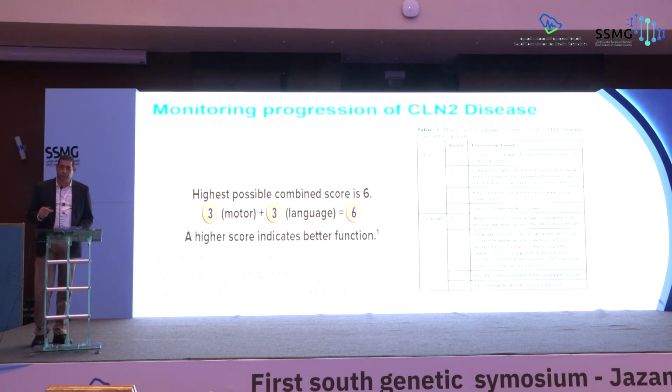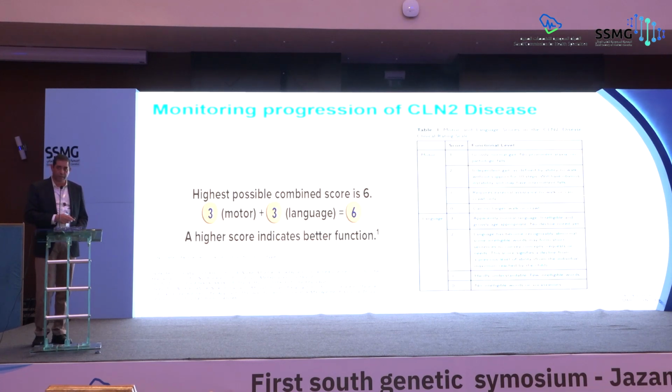One of the scales to monitor those patients, we have several scales, but usually we use what we call the Hamburg scale, which has 2 main parts. One is about the language, and one is about the motor. It is scored from 0 to 3, so 3 is normal, and 3 plus 3 is 6, which is the normal total, and 0 is the most severe.